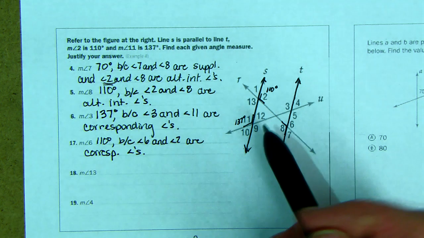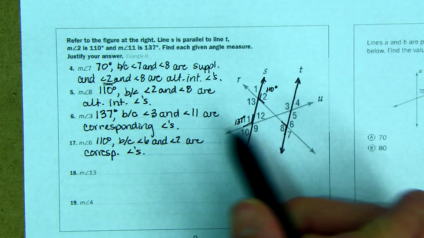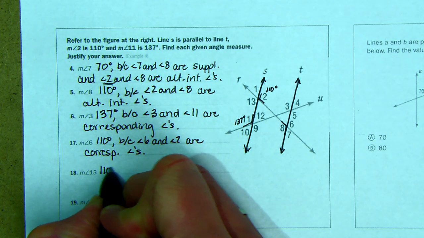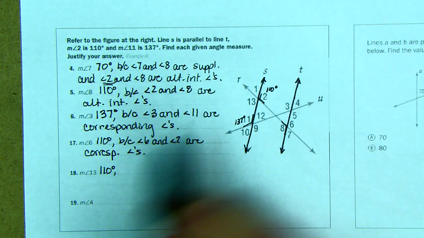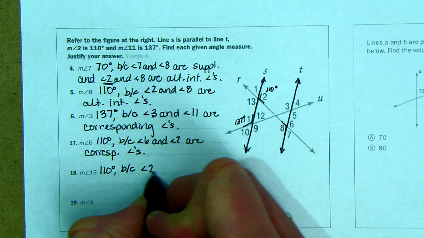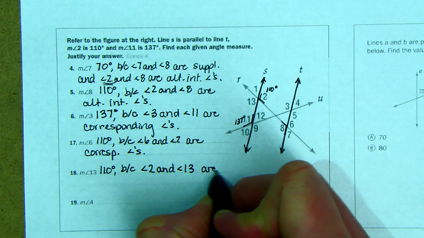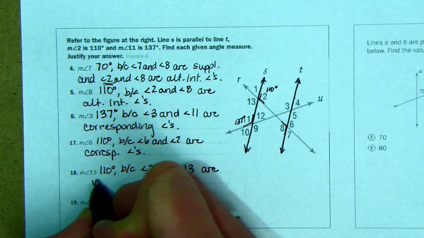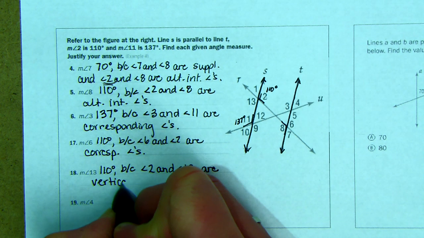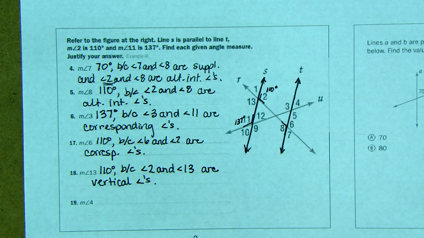If I look closely, angle 13 is right opposite of angle 2. So it is also 110 degrees. Do you remember that terminology? Because angle 2 and angle 13 are, old terminology here, vertical angles. And the last one, angle 4.